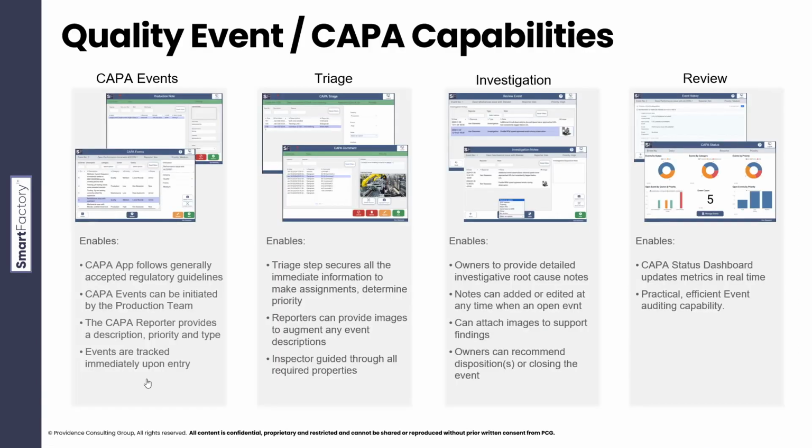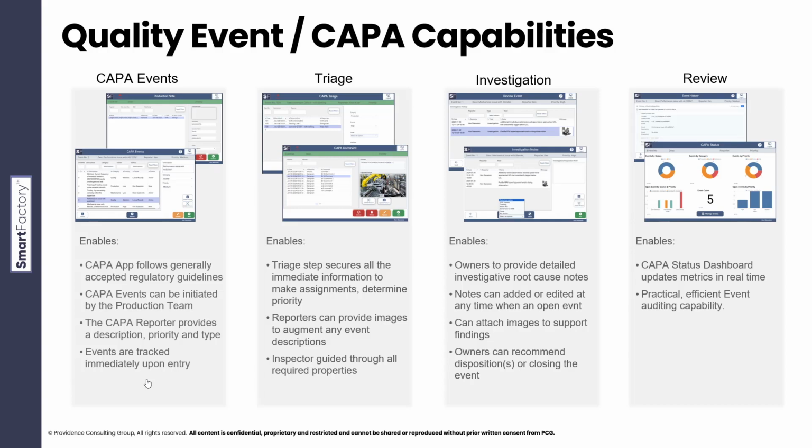Quality Event, or Corrective Action Preventive Action, capabilities include the ability to capture anything deemed a quality event according to your company SOPs. A triage step allows CAPA managers to make assignments and determine priorities.